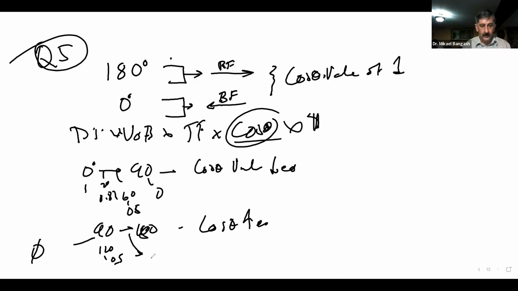That's when you go to, let's say, 150. It was 0.87, just give it a minus. Likewise here was -1, and here was +1. So 180 was going to be a cosine theta value of -1.